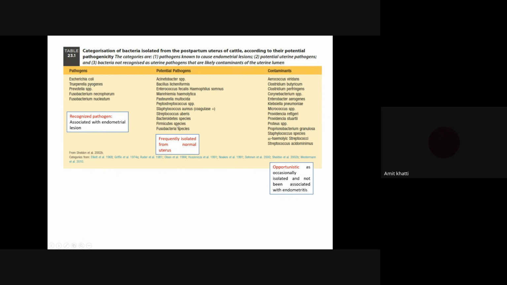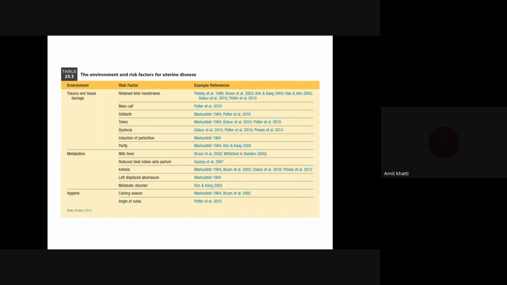Second, the potential pathogens, frequently isolated, but they do not generally cause any disease or pathogenesis in uterine infection. And third, the opportunistic organisms, which can enter in favorable conditions, but generally are not associated with endometritis. And this is the summary.